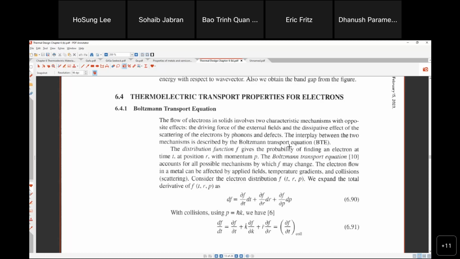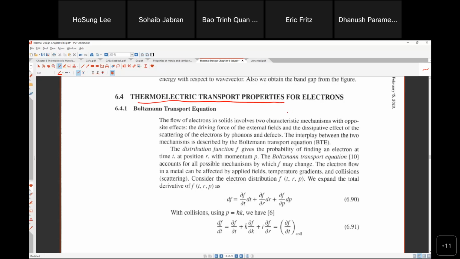Okay. So electronic transport properties, okay, for electrons. Phonons, maybe next hour.